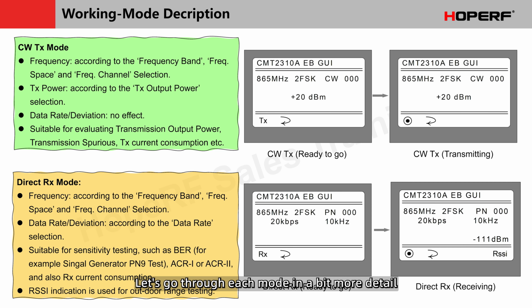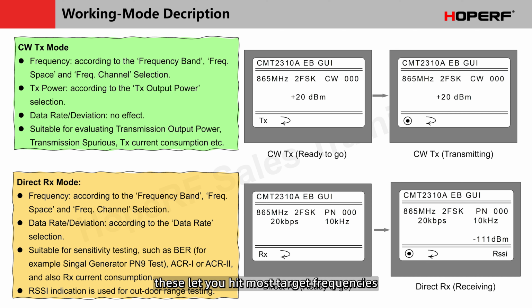Let's go through each mode in a bit more detail. First, let's talk about CWTX and Direct RX. In CWTX mode, you just need to set the frequency and output power. The data rate and deviation settings don't matter here. To set the frequency, you use the starting frequency, channel spacing, and channel number settings.